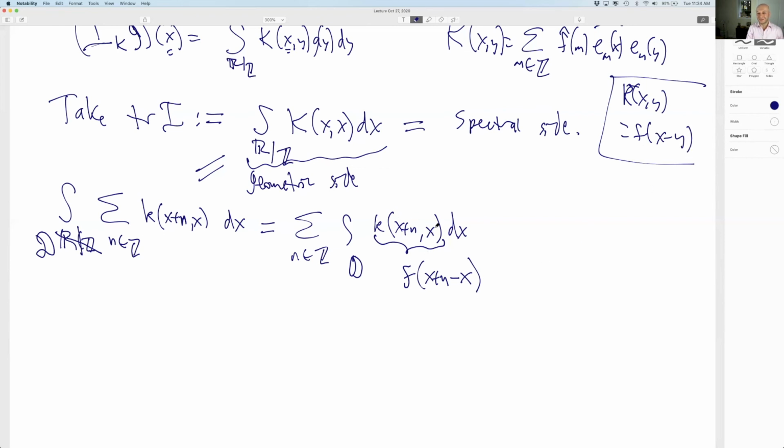So this is x minus y. So this is a sum over the group, integral over D. I mean, these x's cancel. So we just get f of n times the length of D. The length of D is 1. Ah, that looks familiar.